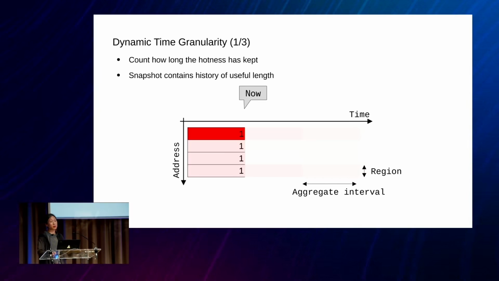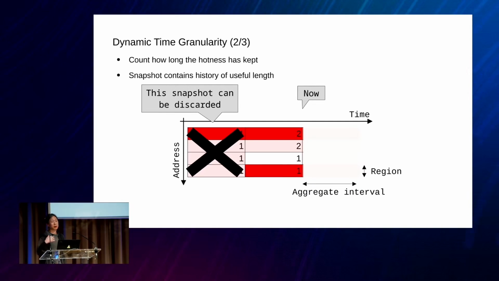For this, we have yet another per-region counter and count how many last aggregation intervals the current access frequency has been kept. For example, as time goes by, if the access frequency is kept, the counter is increased.